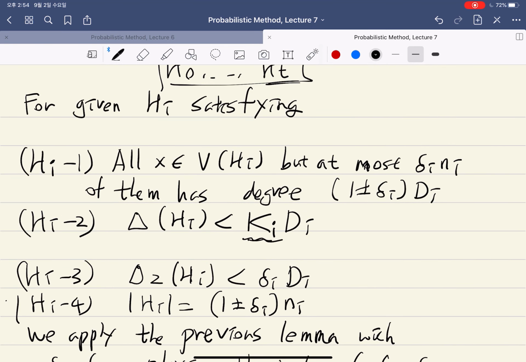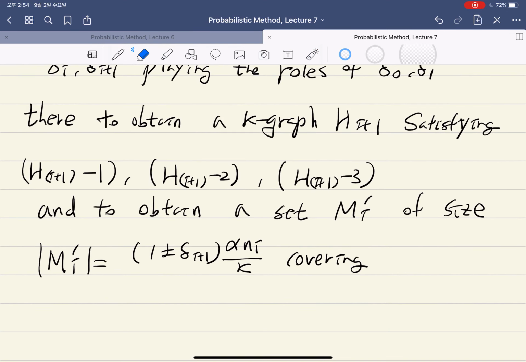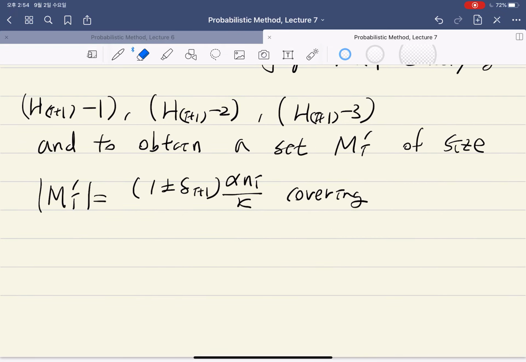So we add one more condition that the number of vertices in Hi is 1 plus minus delta i times Ni. Then we obtain this H of size this.